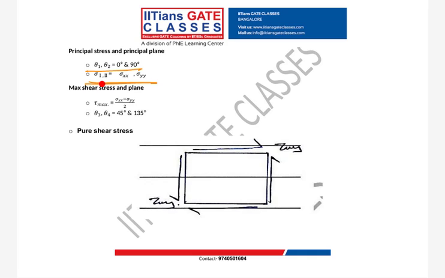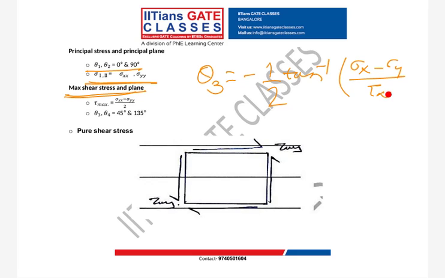Now what will be your maximum shear stress? So first find out the angle. What will be your theta 3? Minus 1 by 2 tan inverse of sigma x minus sigma y by 2 tau xy. Now guys, in this case my theta will depend on the magnitude of these two.